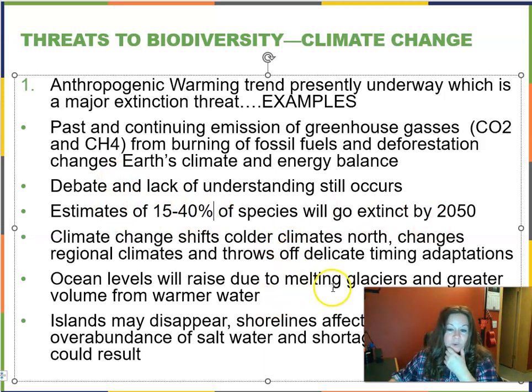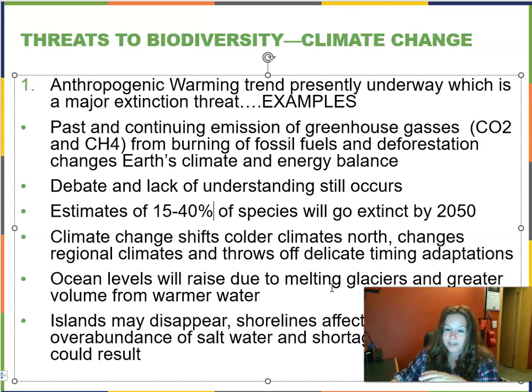Climate change shifts colder climates north, and then changes regional climates and throws off the delicate timing adaptations that organisms possess, like when they should mate, or when they should hibernate, when they should migrate. These things all become affected, as well as when they should have their growing season.